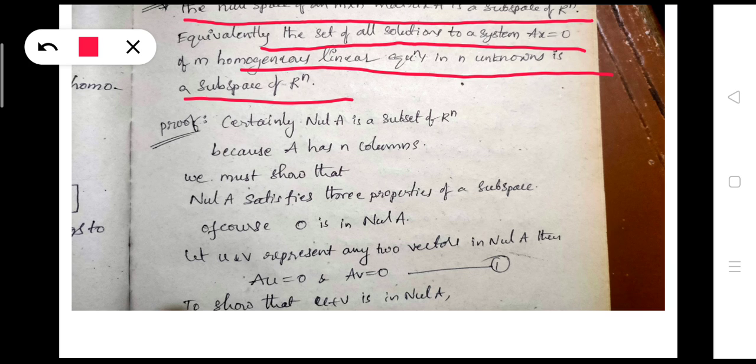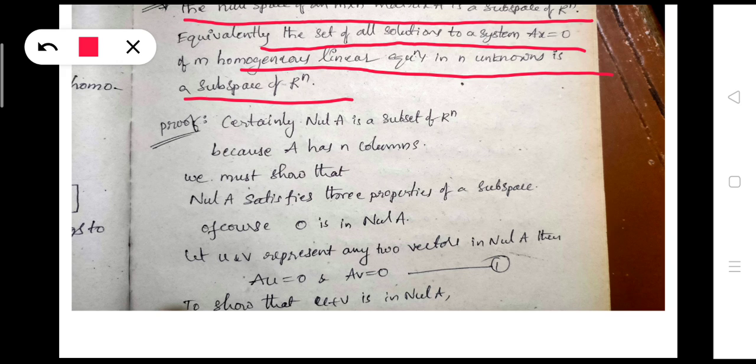First, we have to show that Null A is a subspace of Rn. To show Null A is a subspace of Rn, what are the conditions? There are three conditions. The first is that Null A must contain 0, the second is that Null A is closed under vector addition, and the third is that Null A is closed under scalar multiplication. If these three properties are satisfied, then we say Null A is a subspace of Rn.